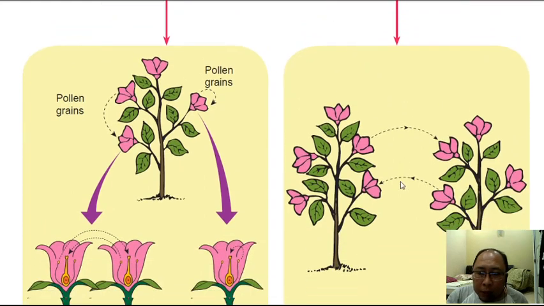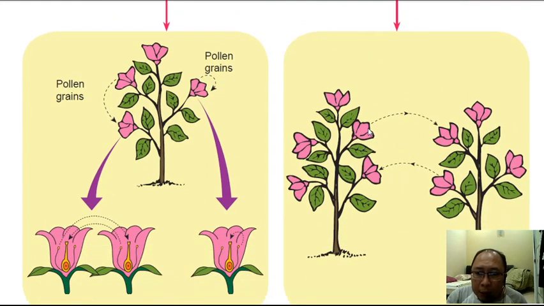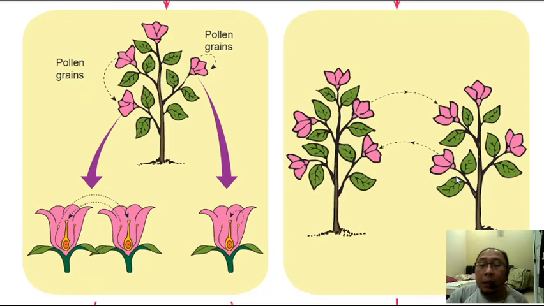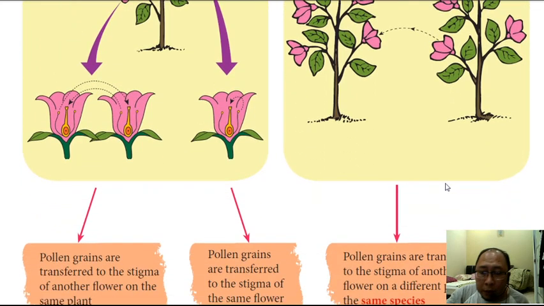Cross-pollination is a transfer of pollen grain from a flower of plant A to the stigma of a flower of plant B. It means the process occurs in a different plant. So plant A and plant B. If this pollination occurs, we call it cross-pollination.